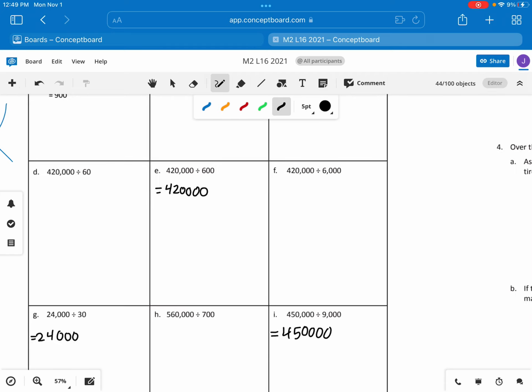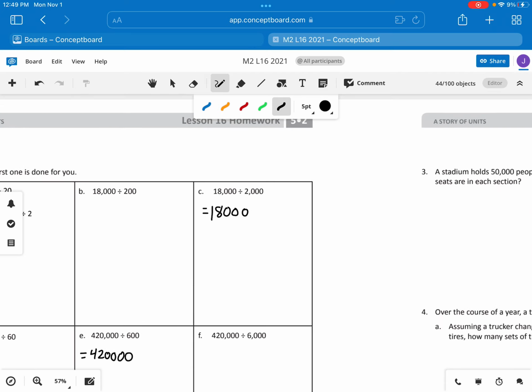All right, so next step is we're going to decompose our 2,000. So I'm going to do 1,000. Why 1,000? Because that's the place value of the 2, and because I know 1,000 times 2 is 2,000.